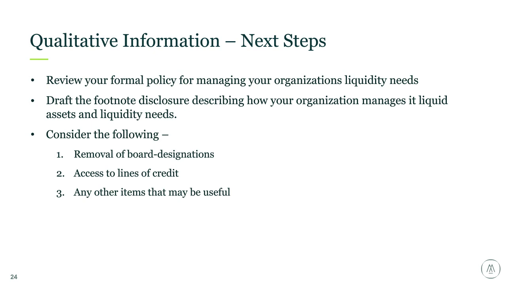So this may include a review of your formal policy for managing your organization's liquidity needs, such as a policy to keep enough cash on hand to cover 60 days of operating expenses, and considering discussions on potential removal of board designations in the future, also access to lines of credit and any other items that may be useful to the reader.